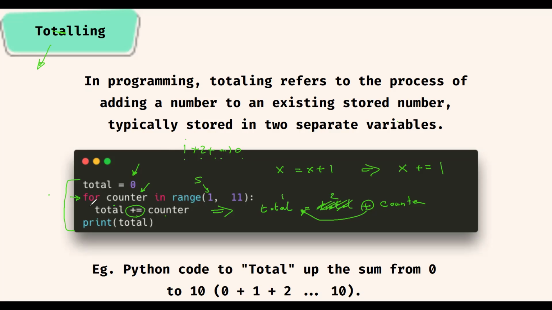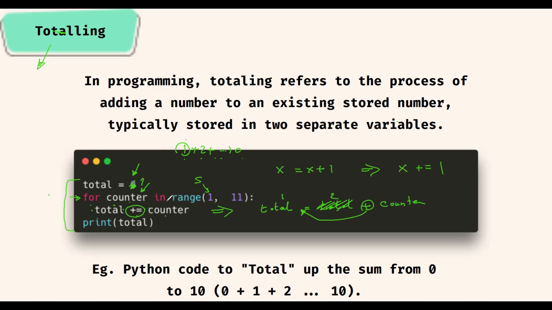Every time we run this loop one time, we put the content of counter and add it to the total. The first time we run, the counter will be equal to 1. So we add 1 to the 0, and the total now will have 1. We increment the counter by 1, so the counter becomes 2, and then we add that to the total.